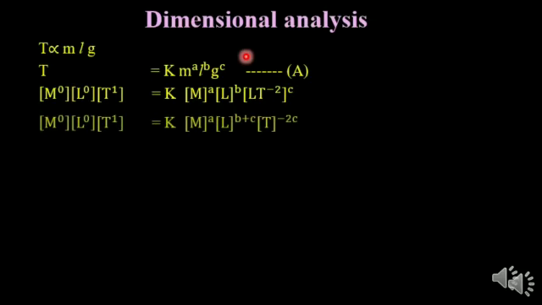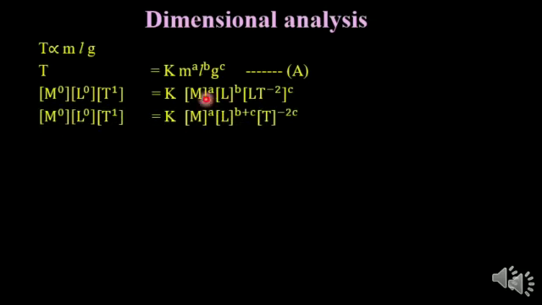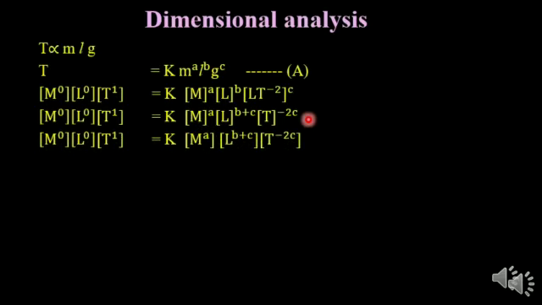After rearranging, the right side of the equation becomes k M to the power of a, L to the power of b plus c, T to the power of minus 2c. After taking the powers inside the square bracket, the right side of the equation is M to the power of a, L to the power of b plus c, T to the power of minus 2c.